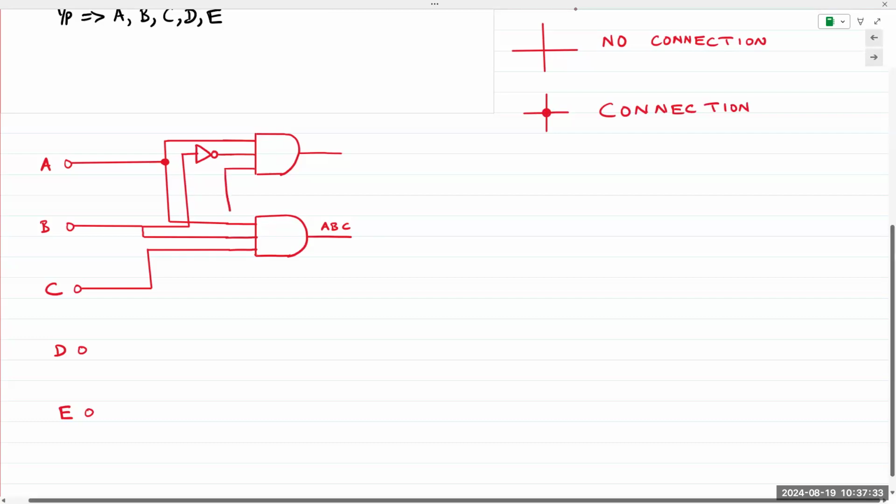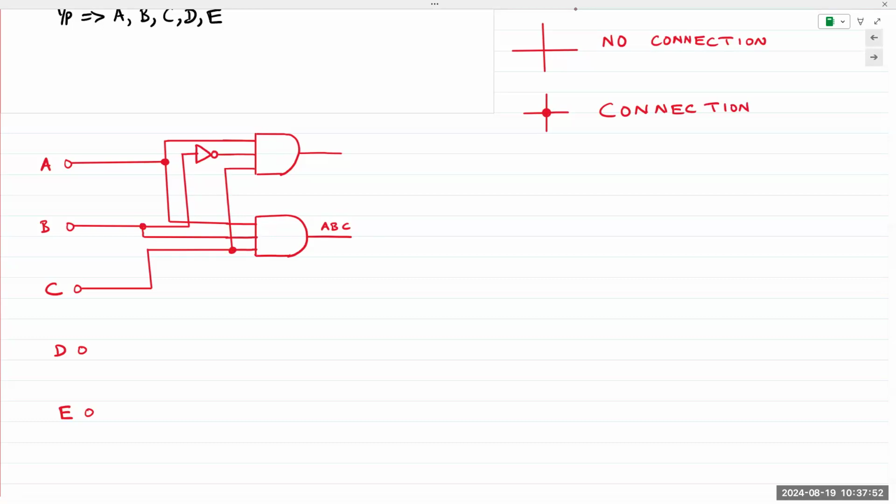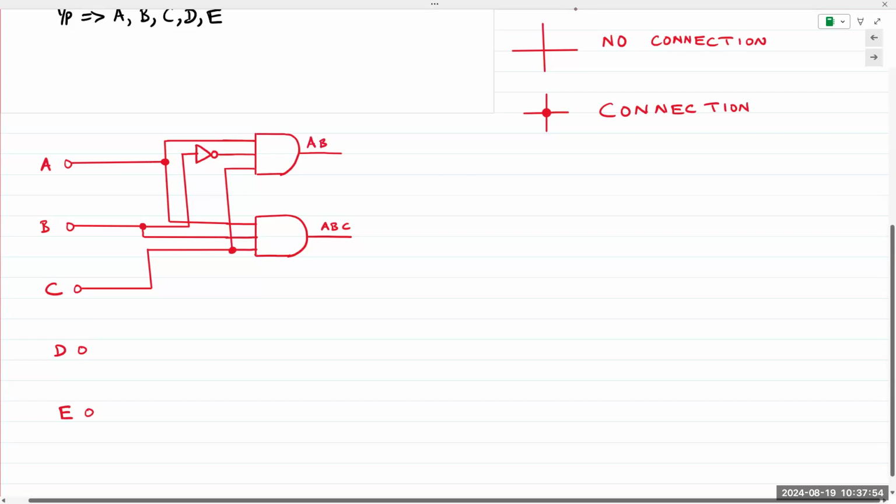And of course we have C. Right. A, B, and C. So the output of this one is then A and B not and C. All right, let's take a pause.